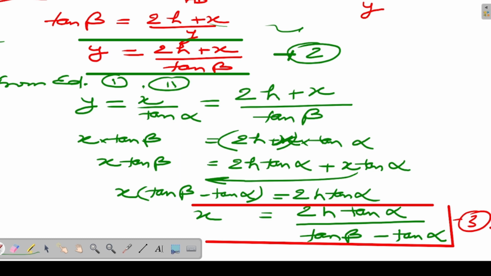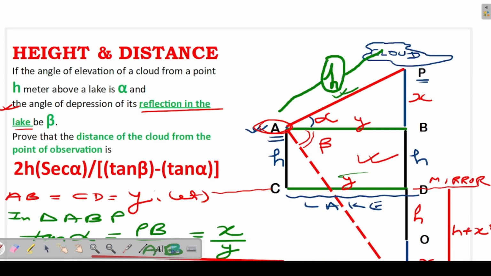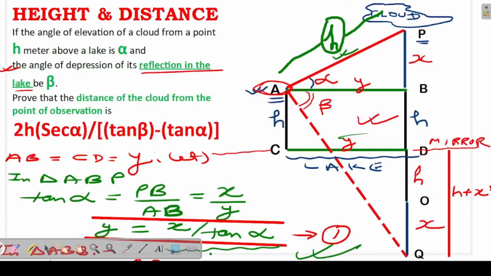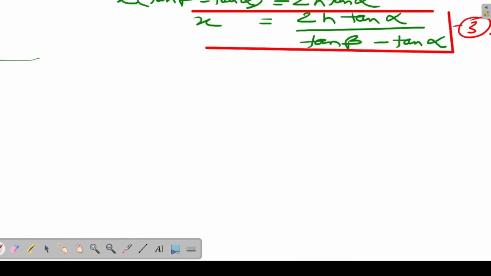Now we know the value of PB. So if we use sin alpha, we get PB by AP, and from here we will calculate the length of AP, right? Sin of alpha will be equal to PB by AP, right?